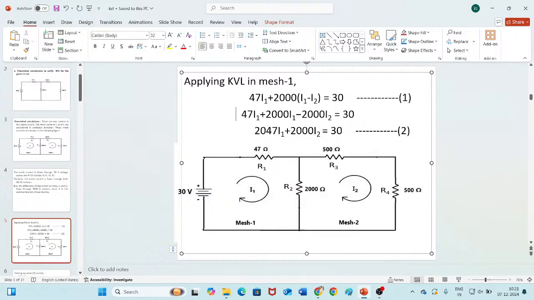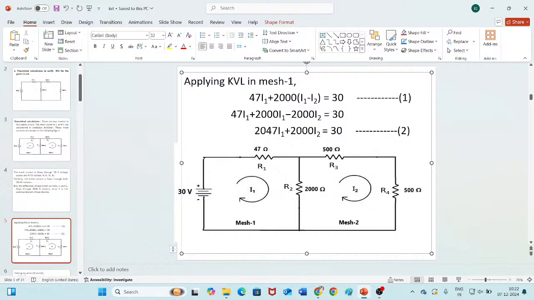If there is any disturbance, you just message me, just mention it in the chat box.